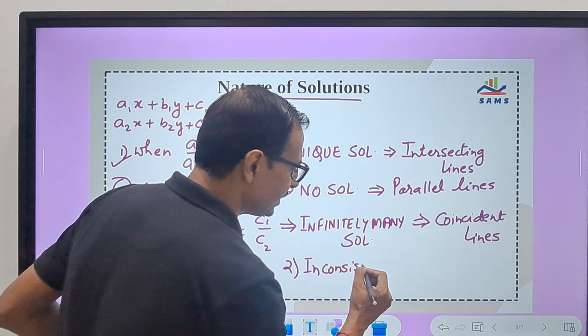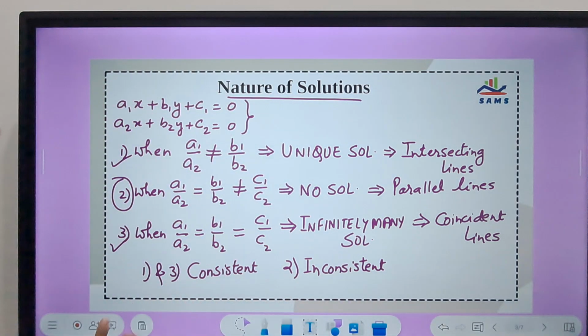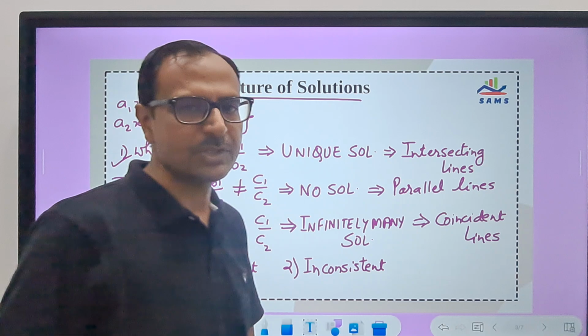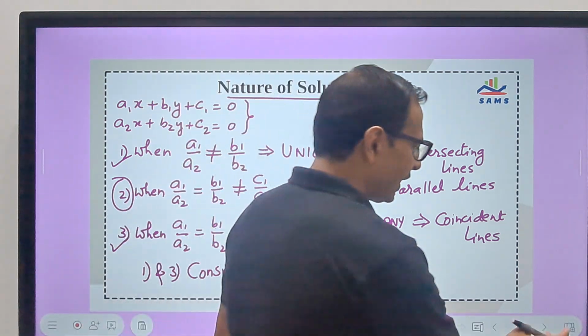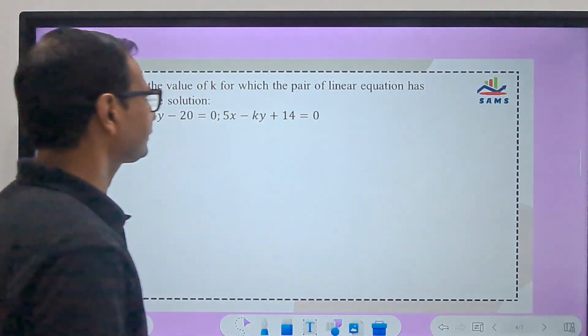So no solution means inconsistent. These are the typical words which are used in the concept, and you need to know all these things to solve the problems related to the concept. Let's see the questions which can be asked based on this concept now.